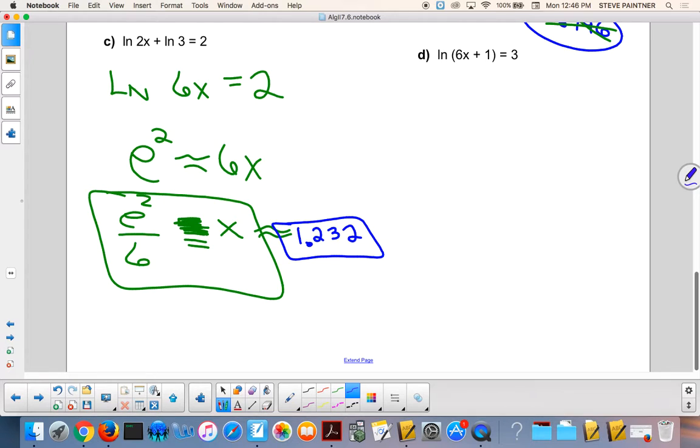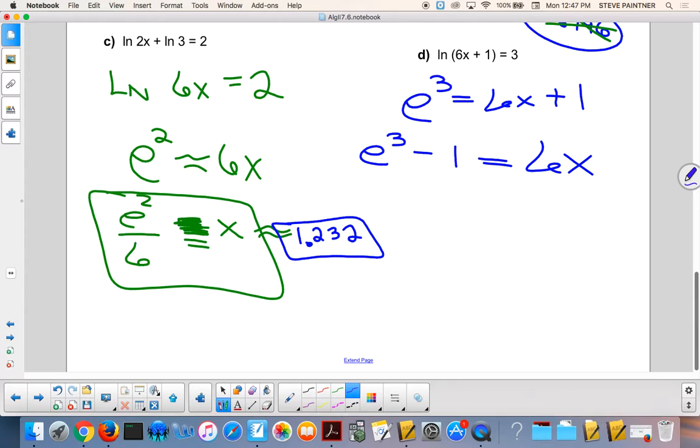There it is. How do I get this equal? Okay, so e to the what? Third. E to the third equals 6x plus 1. Minus 6x equals 1. E cubed minus 1. X equals E cubed minus 1 over 6, all of it divided by 6. This is the exact answer.